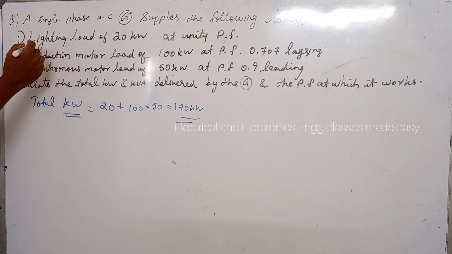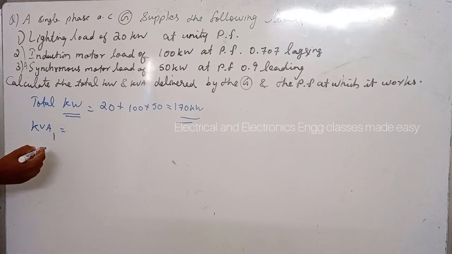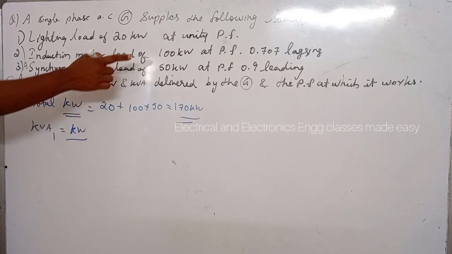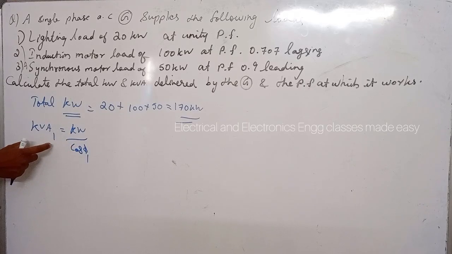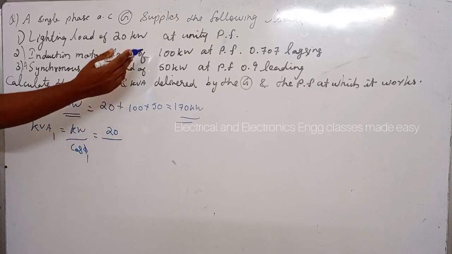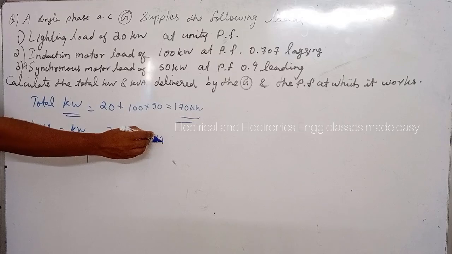So first of all calculate the kVA of the first load. Let it be kVA 1. So what will be kVA 1? We know kW and power factor. So kW divided by cos phi 1 will be equal to kVA 1. First one is 20 divided by unity power factor, so 20 kVA.